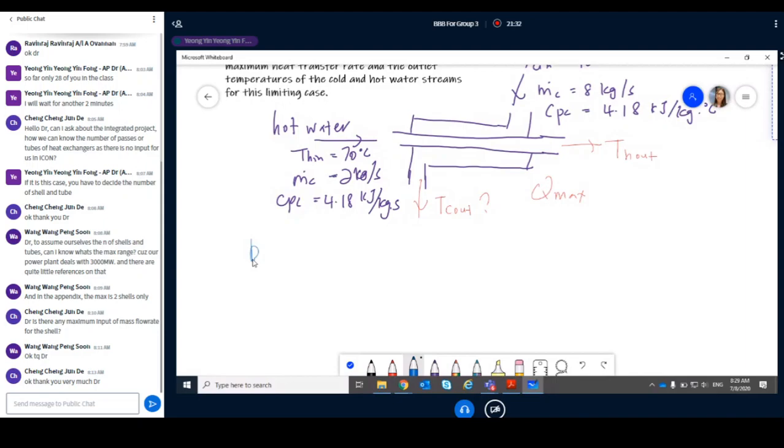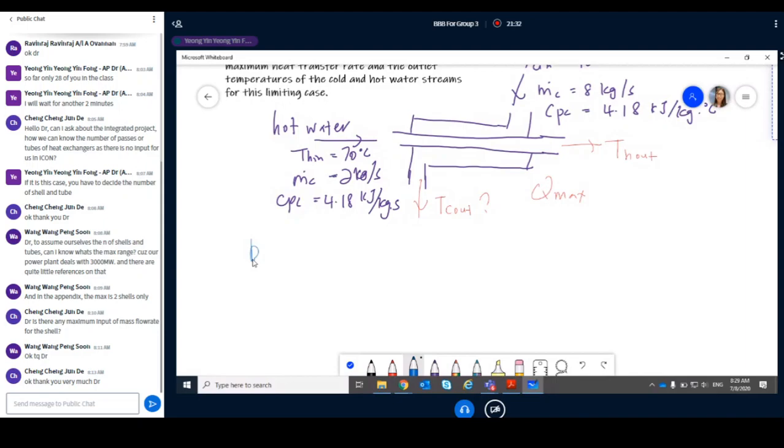determine Cmin. Okay, how? You need to get CH equals MH CPH, which equals 2 kilogram per second times 4.18.